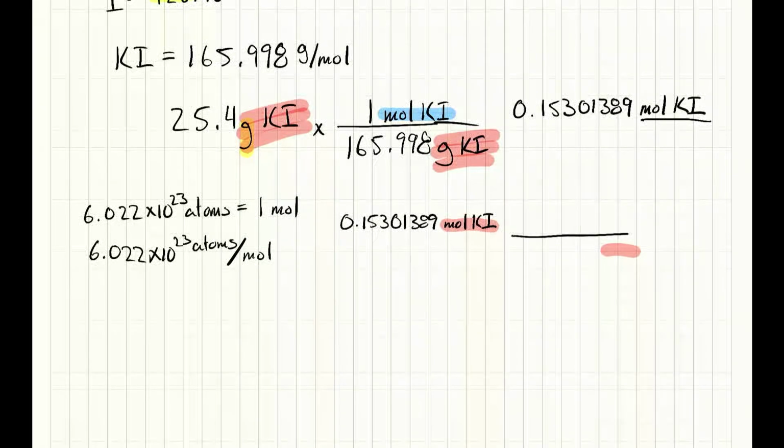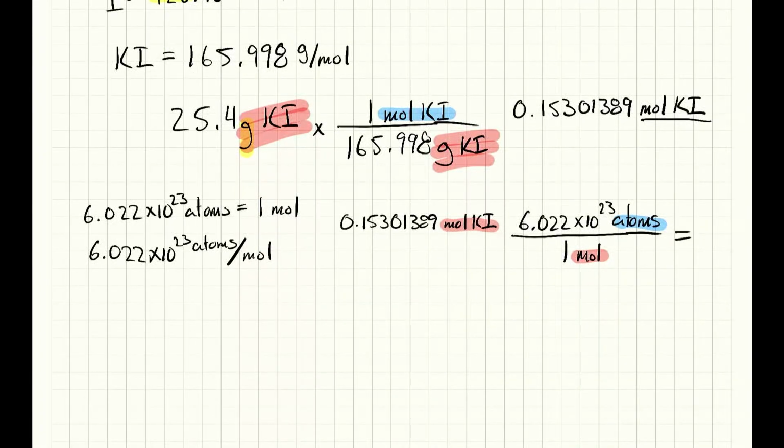The way that we have this written here already to convert between moles and atoms, we're already going to have 1 mole of potassium iodide and 6.022 times 10 to the 23 atoms. Really it's just moles. We're canceling the moles and replacing moles with atoms.